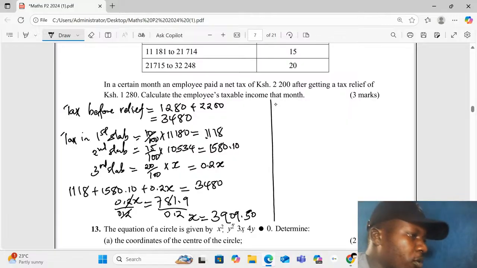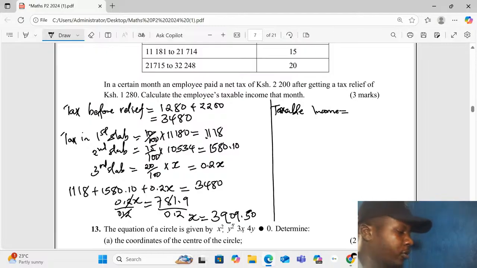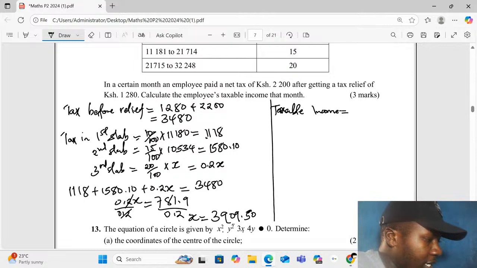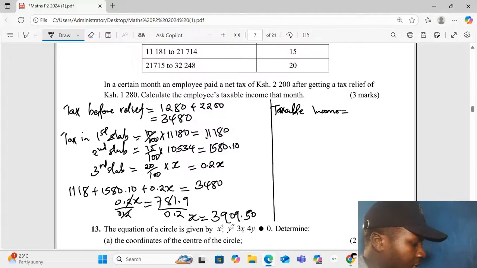So taxable income is equal to now 11,180.